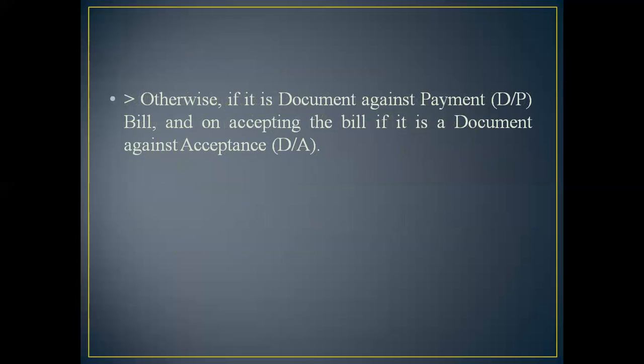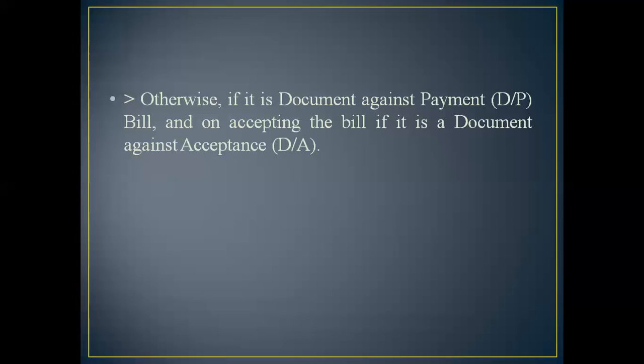Now, we need to know the documents against payment. It is a bill which will be cleared only against payment. The dock authorities will clear the goods and then only will goods be lifted.